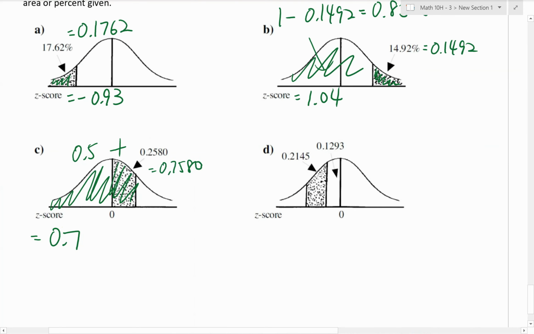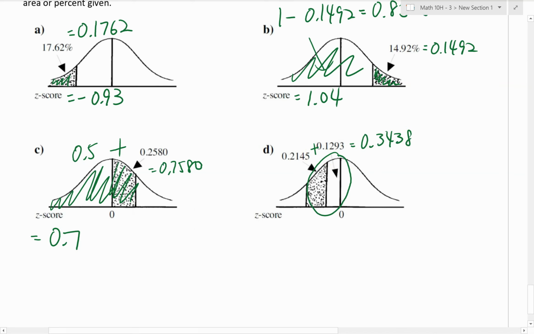Okay, part D, similarly, you can use the same fact that half of the curve is going to be 0.5. If you combine these two together, adding 0.2145 plus 0.1293, this is 0.3438.